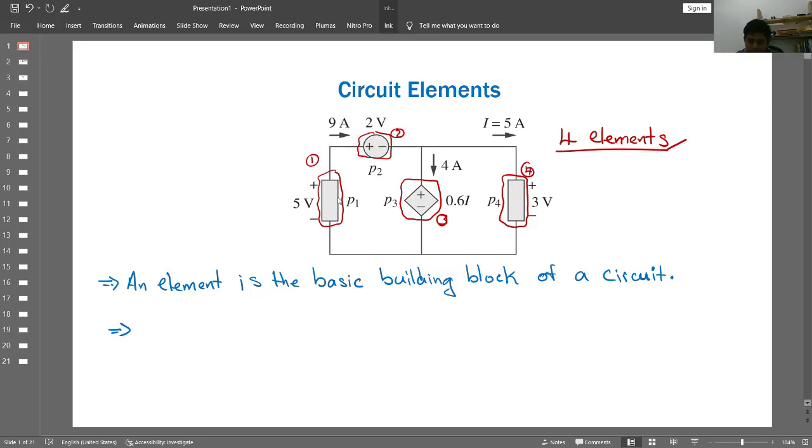So an electric circuit is simply an interconnection of elements. So this diagram here is a circuit. And why is it a circuit?